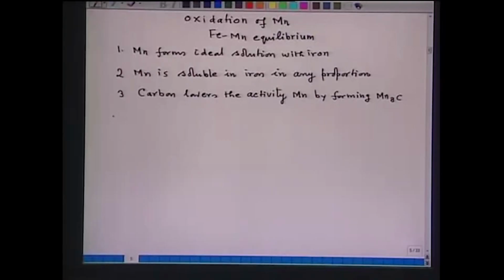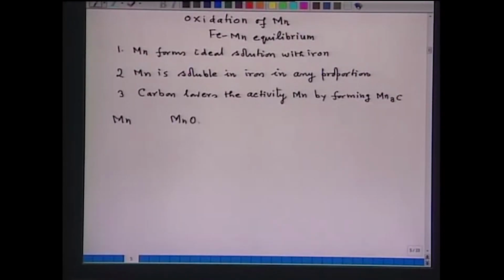Now, manganese oxidation is relatively simple. Manganese oxidation can occur at relatively lower temperature and it can form many oxides. For example, manganese can be oxidized to MnO, MnO2, Mn2O3 and other types of oxides. But under steelmaking conditions, the MnO oxide is the most stable, and as such we will consider the oxidation of manganese as MnO.